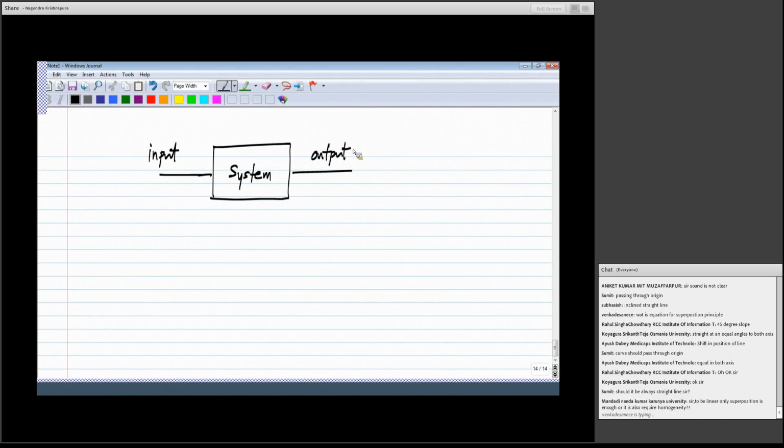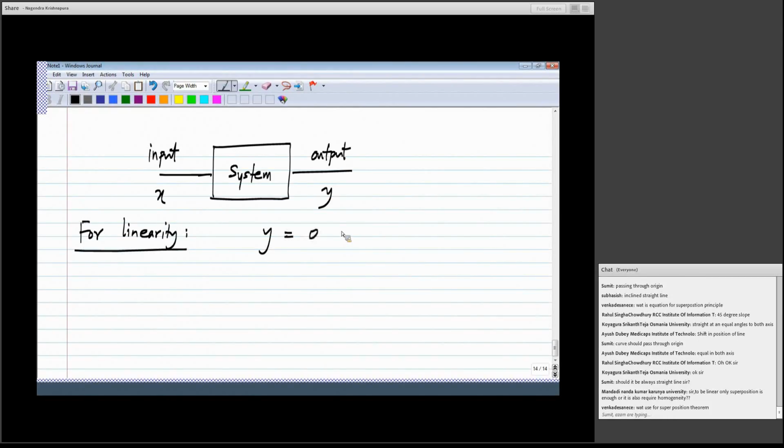I am talking very generally, not saying what system it is and what input and output it receives. So first of all, for linearity, y must be 0 if x is 0. Otherwise you can show that it cannot be linear.